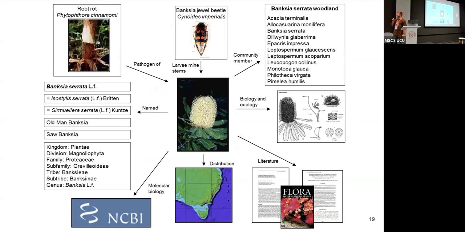Here is an example. There is a nice Australian plant, Banksia serrata. I saw it just in a botanical garden, but it's nice. There is some information about the biology and ecology of this plant. There are some organisms directly linked to this plant, like a fungus parasite or pest insect. And beyond the real world, there is a whole lot of information you need around this plant.